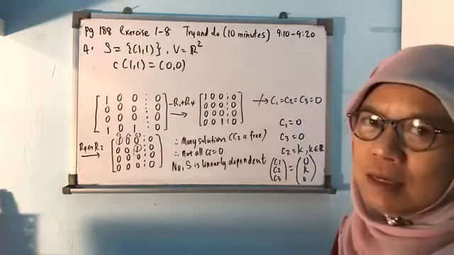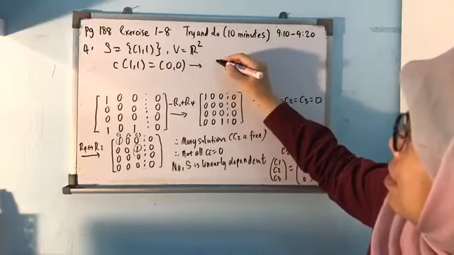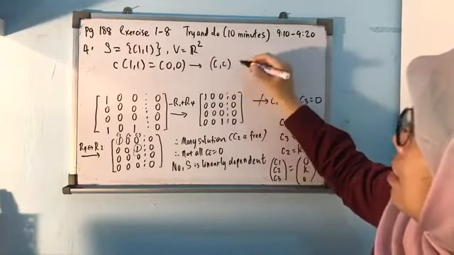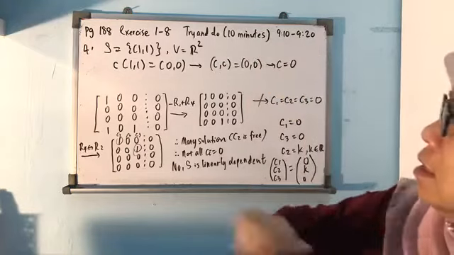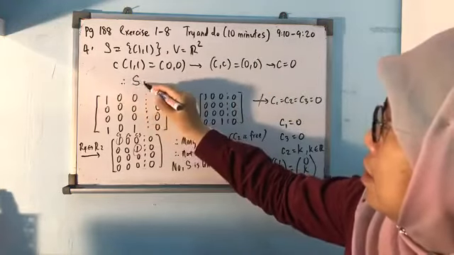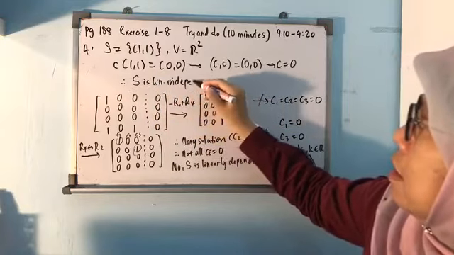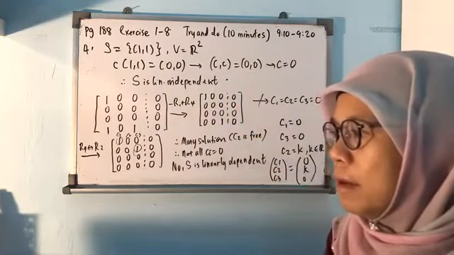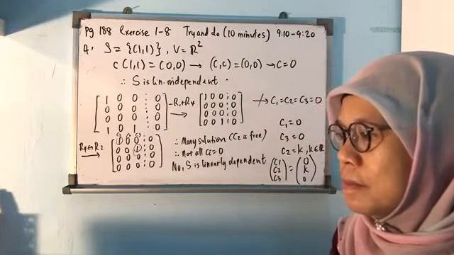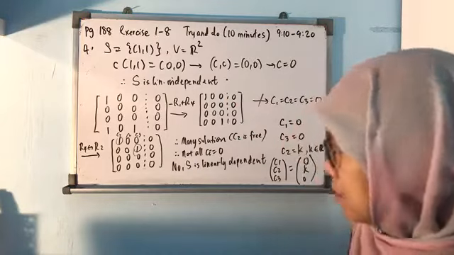No need to use a matrix. This one you can just solve. C equals 0, 0 implies C is 0. So S is linearly independent. Okay, easy. Alright, next.